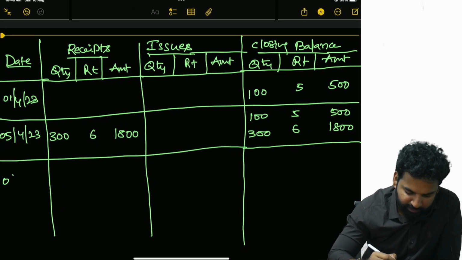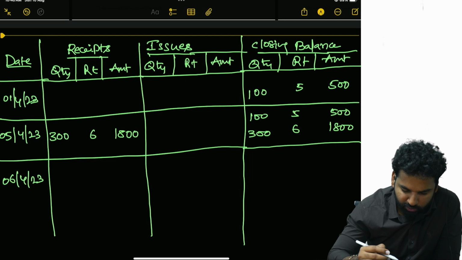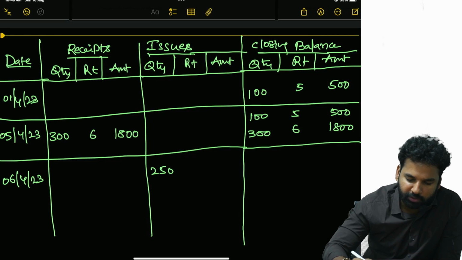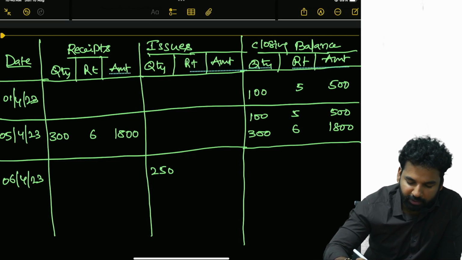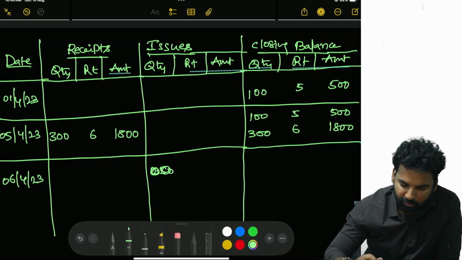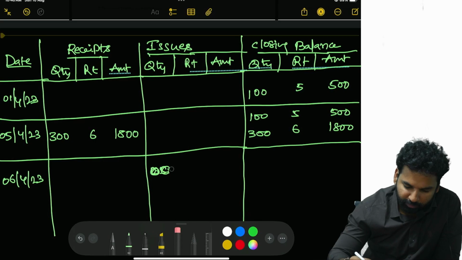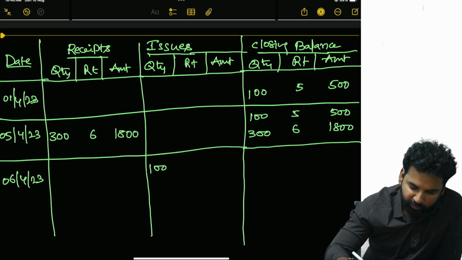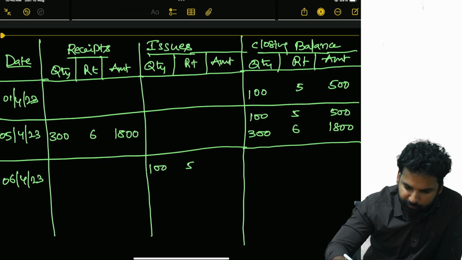Next on 6th April 23, issue of 250 units is being made. So how do we make the issue? 100 units from opening balance, 100 units at 5, which is 500.